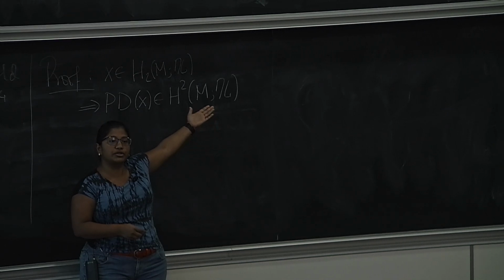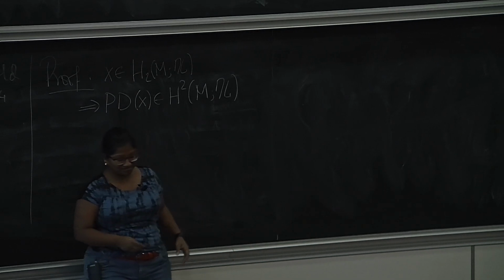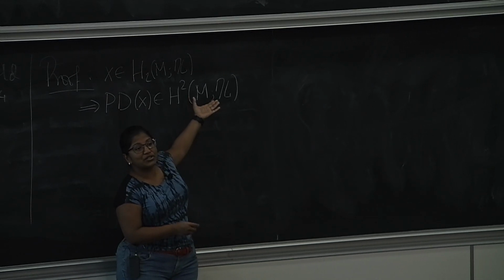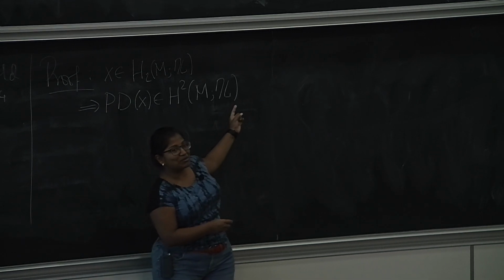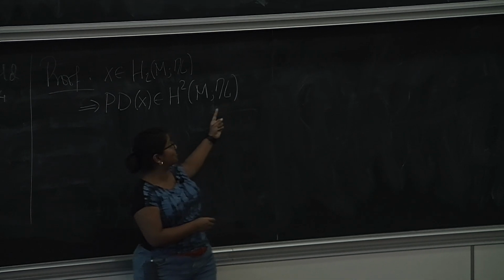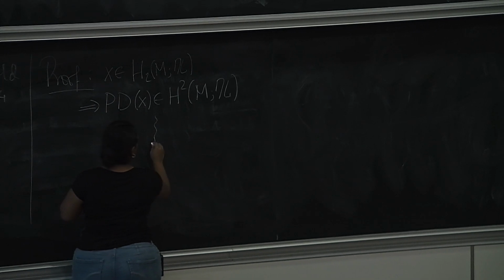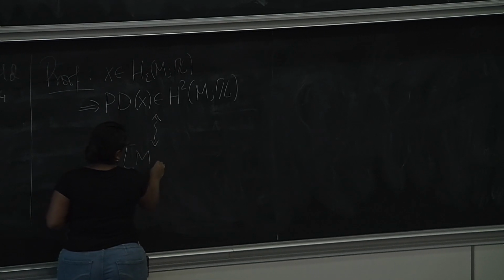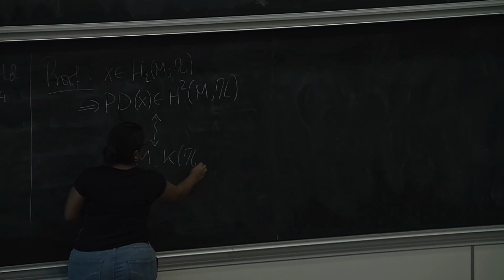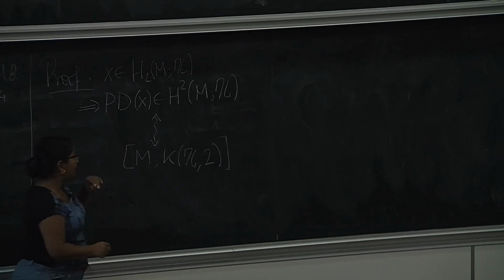Whenever you have classes in H^2 of a space, these correspond to homotopy classes of maps into the Eilenberg-MacLane space with that group in that index. So by that I mean, in this case, these correspond to maps from M to K(Z,2). This is an algebraic topology fact.